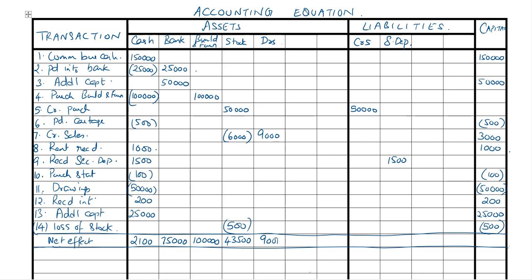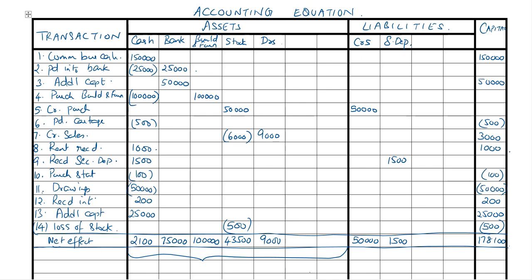For debtors it's 9,000. For creditors it's 50,000. Security deposit is 1,500. And capital 1,78,100.